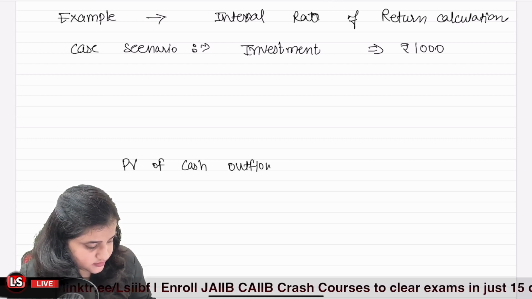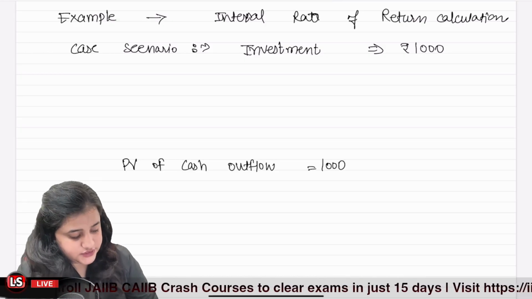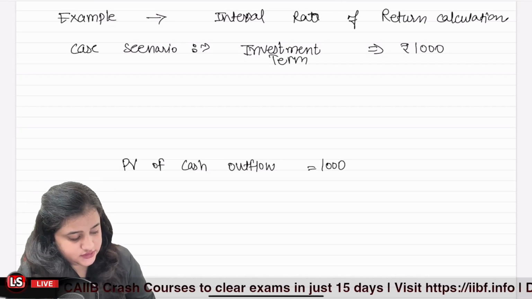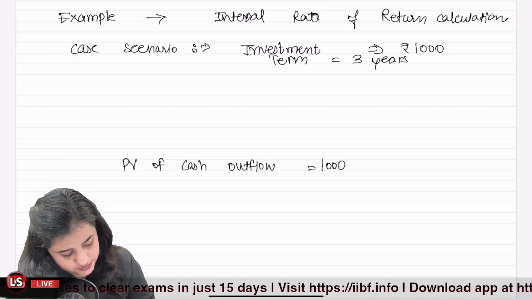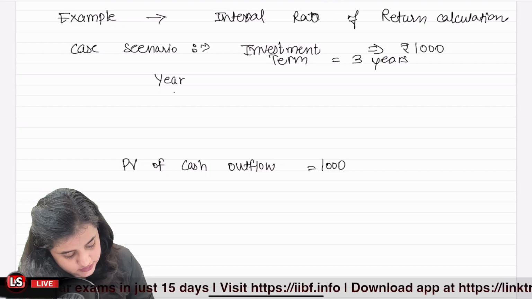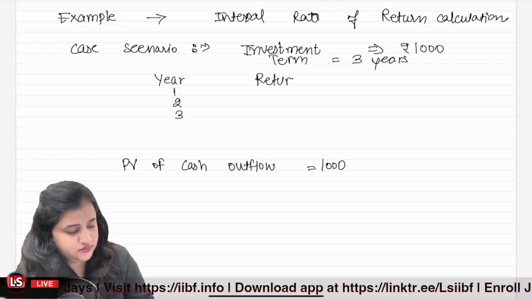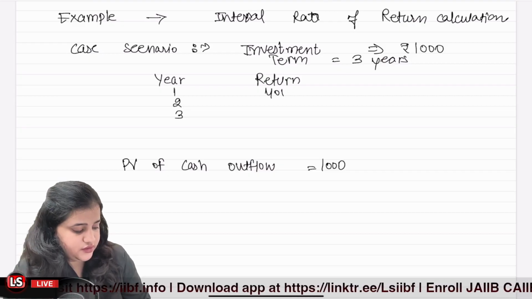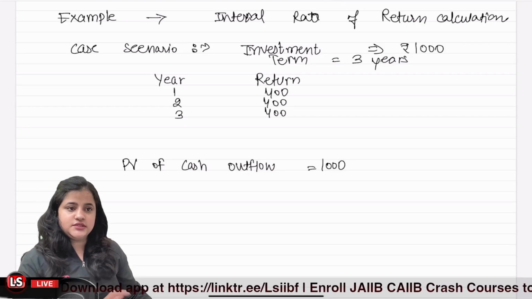That is 1000. And this investment is going to be for 3 years. And over the 3 years, I'm going to get return like this. Year 1, 2, 3. The return will be 400, 400, and 400. This is my return.